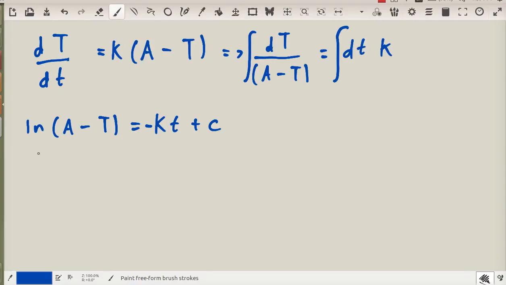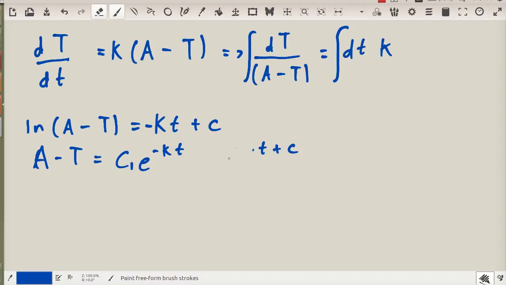So over here we have a minus T is equal to some c1 e to the negative kt, and that's actually equal to e to the negative kt plus c. But because c is an arbitrary constant, we can just simplify e to the c as c1. So that's why I've done that there, and that will make your life a little easier.